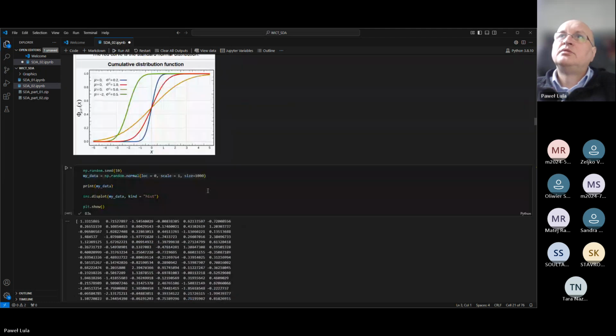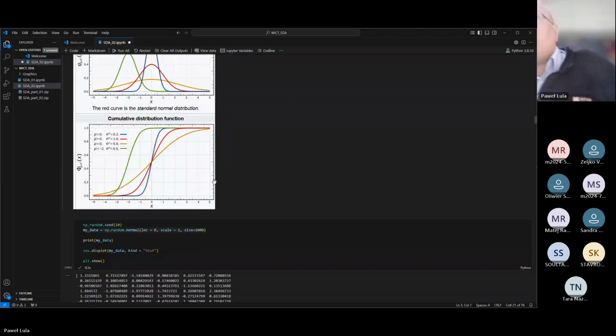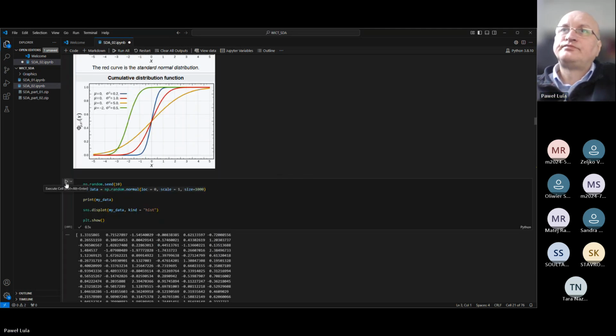How to produce these plots or plots similar to this one using data. First, how to generate data, random values, which have a normal distribution.